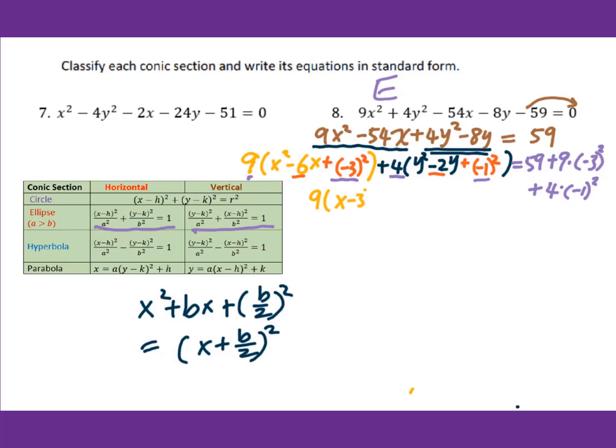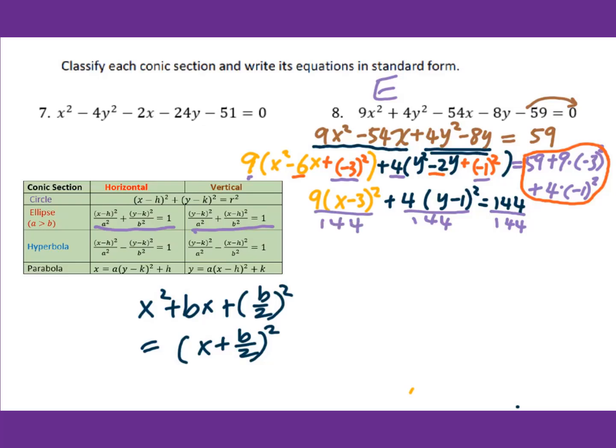So we got 9 times (x minus 3) squared plus 4 times (y minus 1) squared equals, you will get 144 when you work all this together. Then next step, you need to divide by 144 for every term.